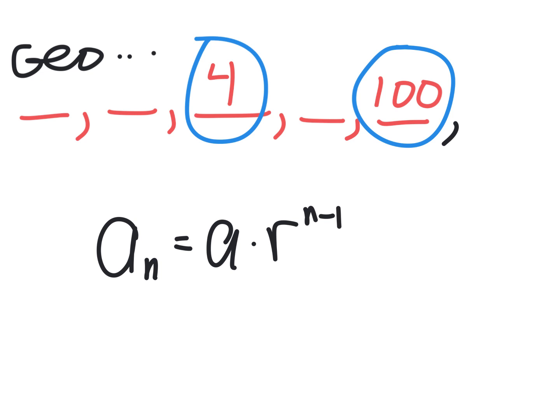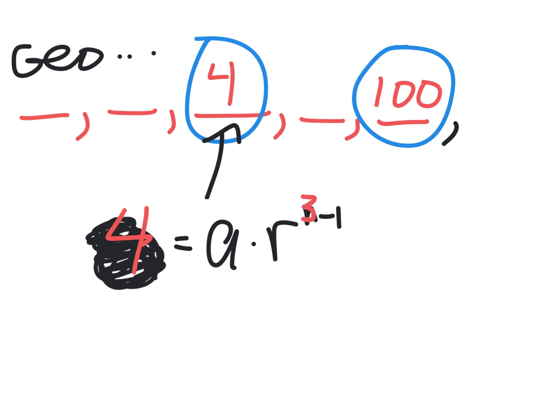Okay, so this is the third term, so I'm going to say a sub n is, in case you haven't figured this out, that is a number. A sub n is the third term, so it is 4, and then if it's the third term, I put a 3 here, and I don't know the a or the r, so I leave it like that.